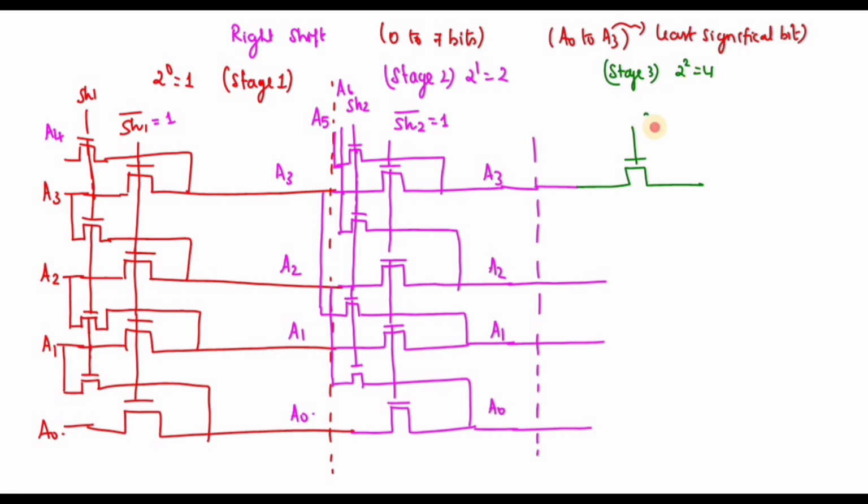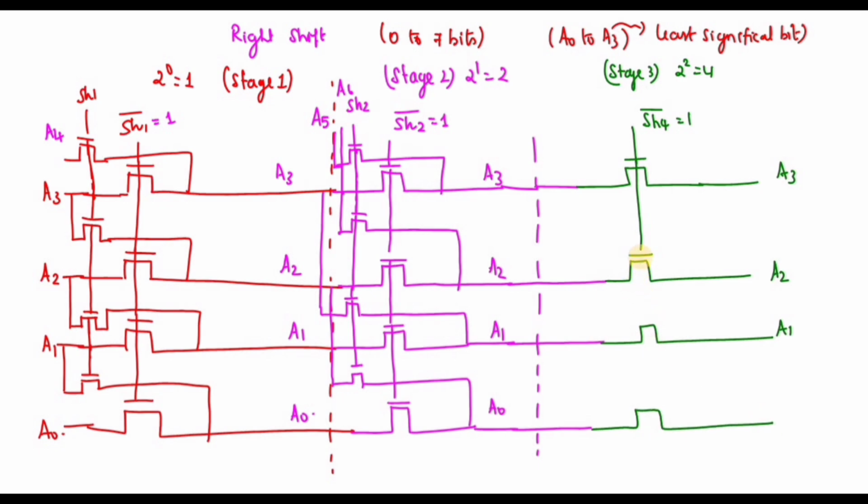So here sh4 bar is equal to 1. So sh4 bar is equal to 1, you will get a3, a2, a1 and a0.